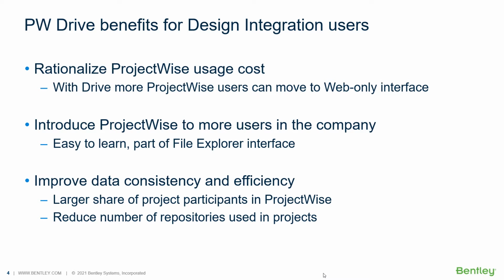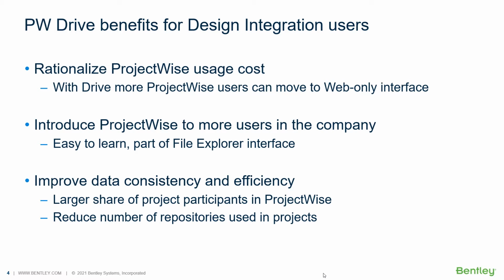Combining those two benefits, you can improve your data consistency and project efficiency because, first of all, a larger portion of overall project participants will be members of the ProjectWise ecosystem. Hopefully everyone in the project would have access to it.